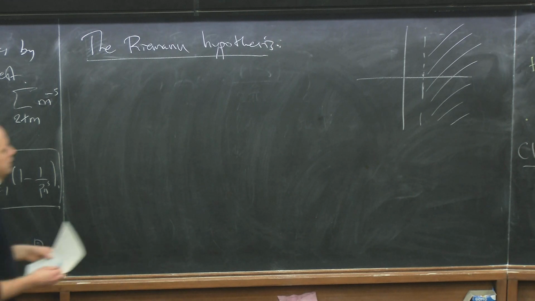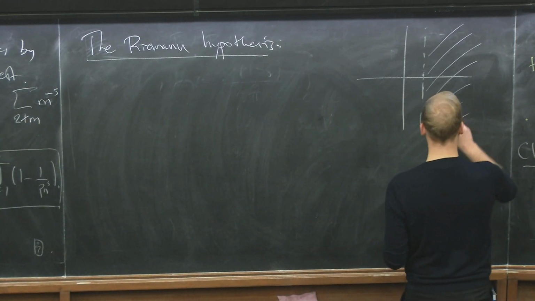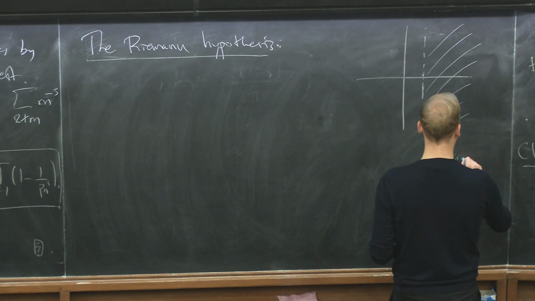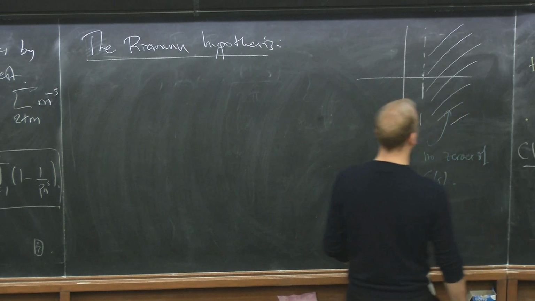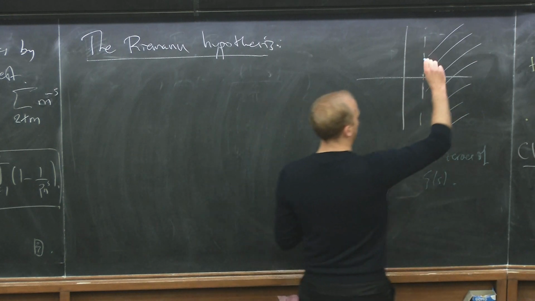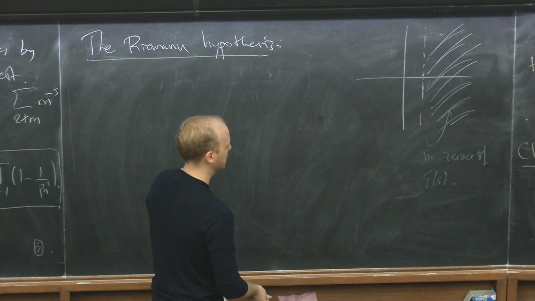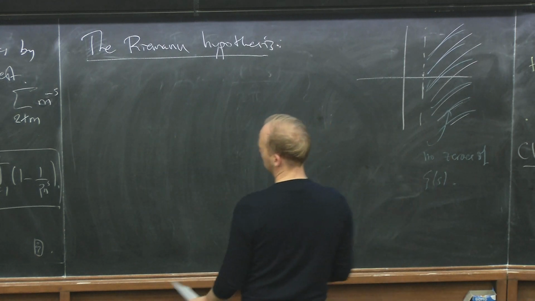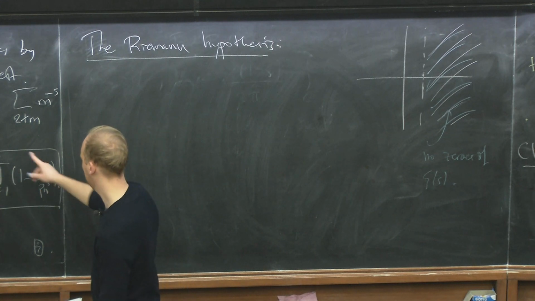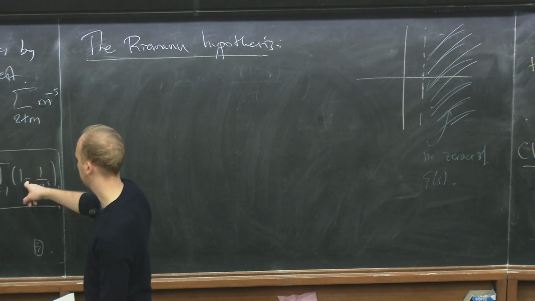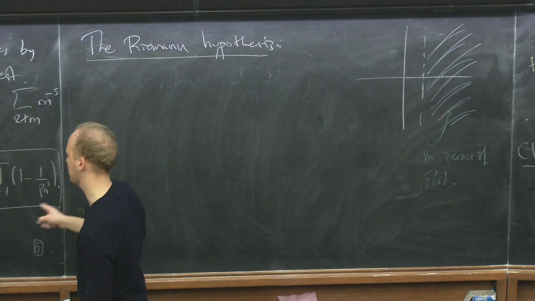So no zeros of zeta in this region. This is the first thing. And the reason for this is that if it had zeros, then by the product development here, this one would not be finite, but we know that it converges.